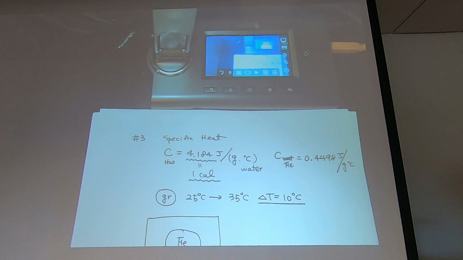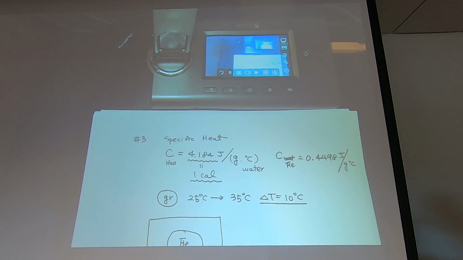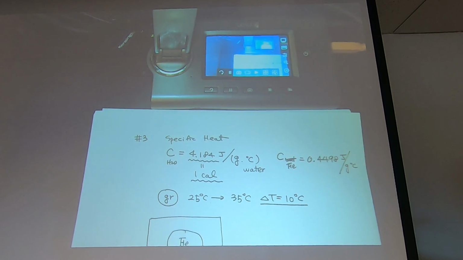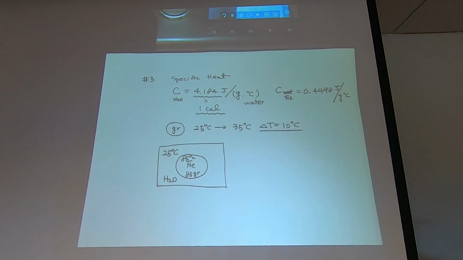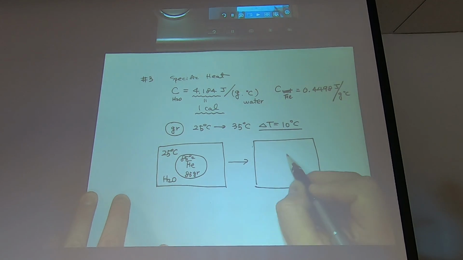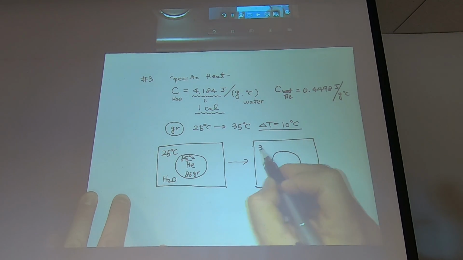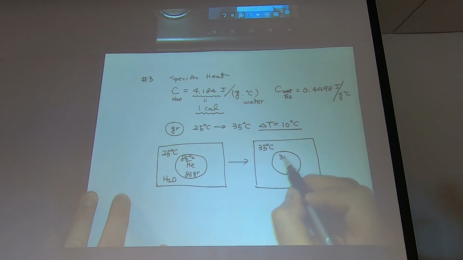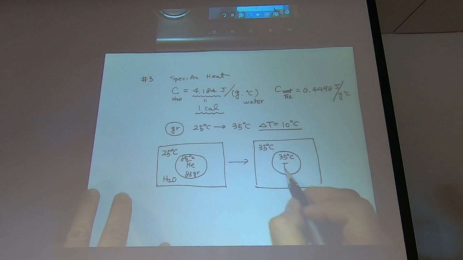The iron is 85 grams, and the temperature is 85 degrees C. In the beginning, the water is 25 degrees C. So we are putting the hot ball into the cold water, and this essentially raises the temperature of the water. Eventually it will be 35 degrees C.